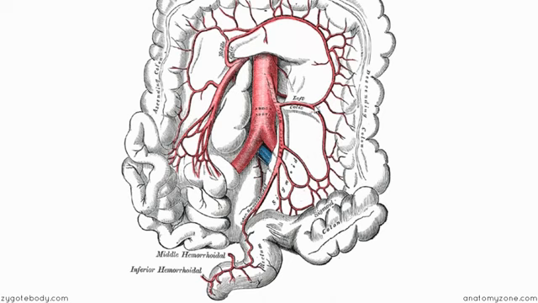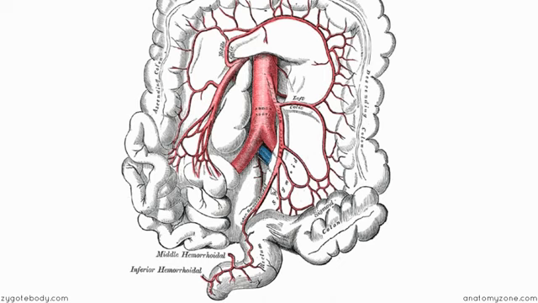The descending branch goes inferiorly and supplies the lower part of the descending colon, and it anastomoses with the sigmoid arteries. So the sigmoid arteries, there's quite a few of these which come off below the left colic artery, and these supply the sigmoid colon, obviously, and the distal part of the descending colon.